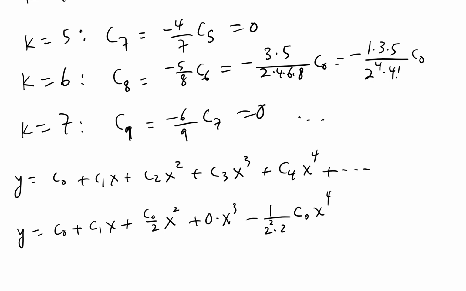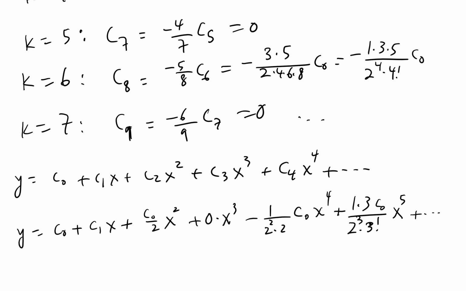And the next one we had 1 times 3 over 2 to the 3rd times 3 factorial, c0 x to the 5th. And this goes on and on.